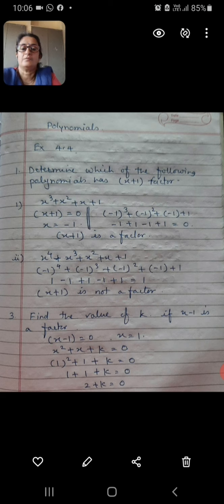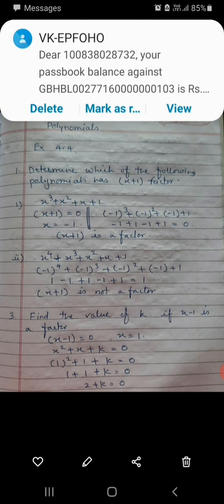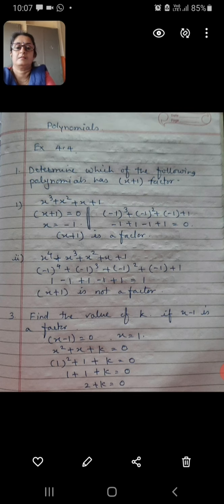Now find out the value of k if x minus 1 is a factor. So a polynomial is given, instead of a constant they have given you k as the constant value, and we have to find out the value of k, and it is given that x minus 1 is a factor of that given polynomial.